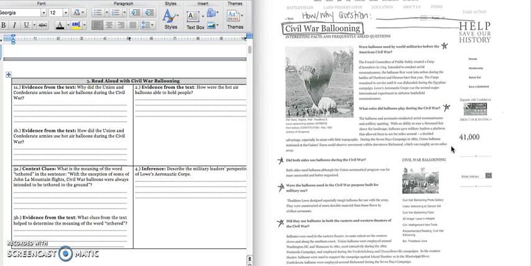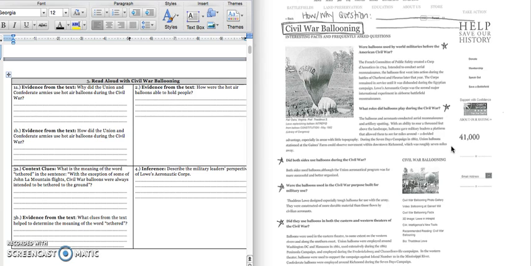The balloons and aeronauts, who are people who fly the balloons, conducted aerial reconnaissance and artillery spotting. With the ability to soar 1,000 feet above the landscape, balloons gave military leaders a platform that allowed them to see for miles around, and a decided advantage, especially in areas with little topography.